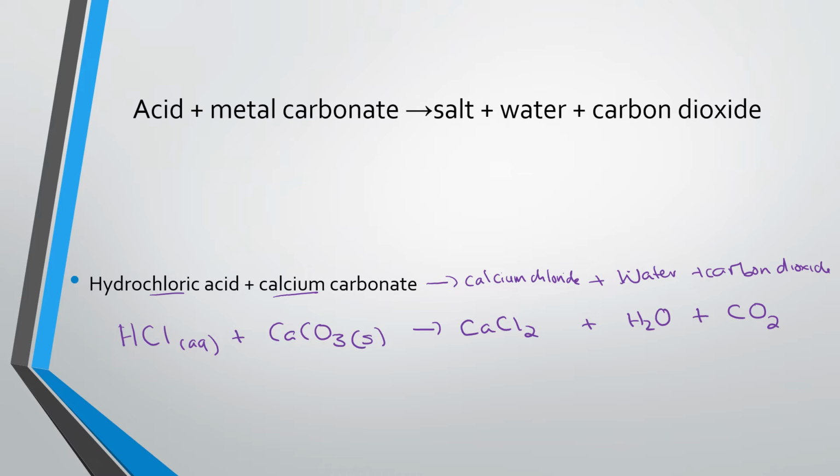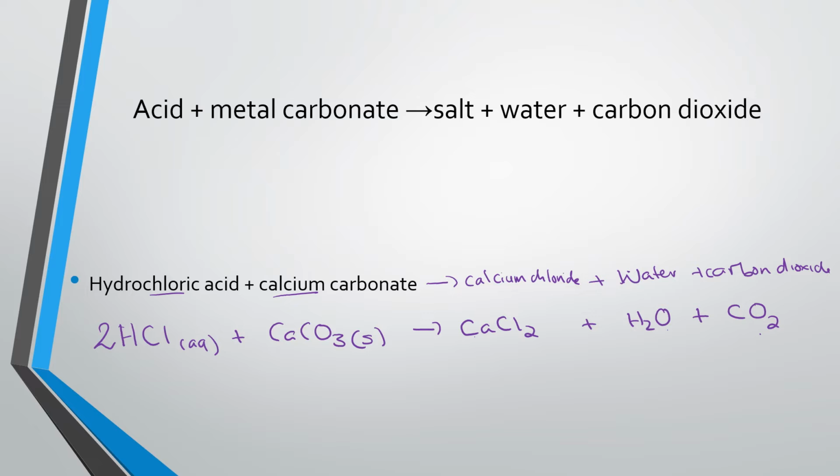Now what we need to do is balance. And I can see balance 1 calcium, 1 calcium. There's 1 chlorine here, but there's 2 on the product side, so I'm going to put a 2 in front. Then balance your carbons, 1 carbon, 1 carbon, hydrogen, 2 hydrogen, 2 hydrogen, 3 oxygen, 1 plus 2 is 3.